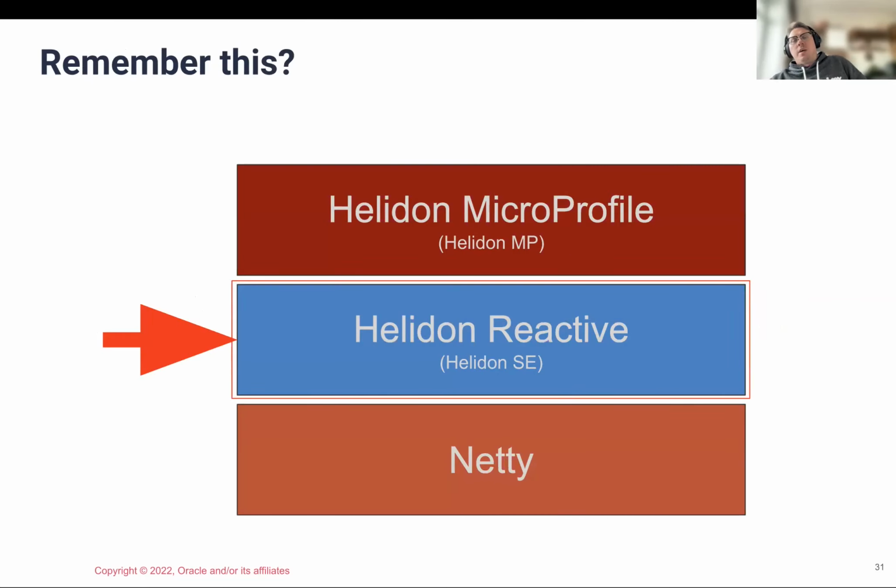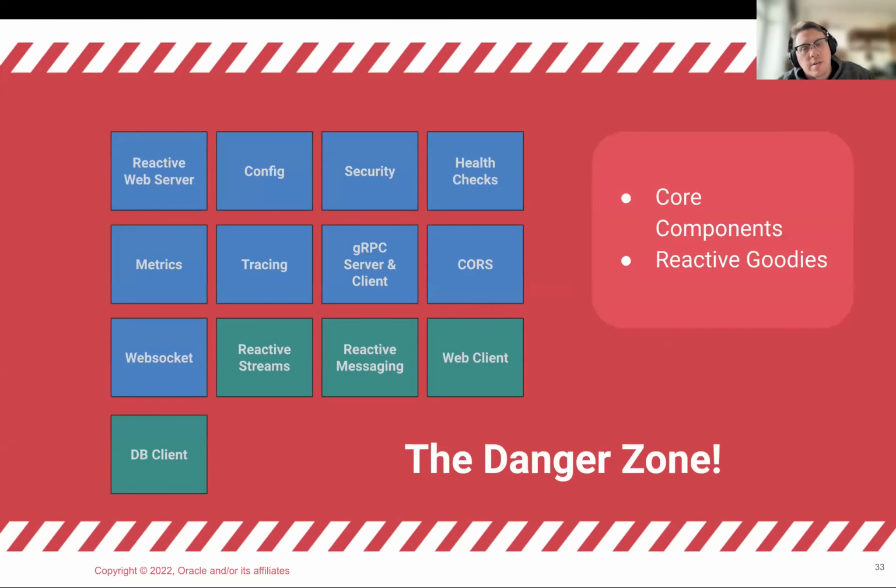A few words about Helidon Reactive. We call it our danger zone because, as you remember, Netty stands in the foundation. Now we wrap it with some additional libraries that actually work underneath supporting these specifications.